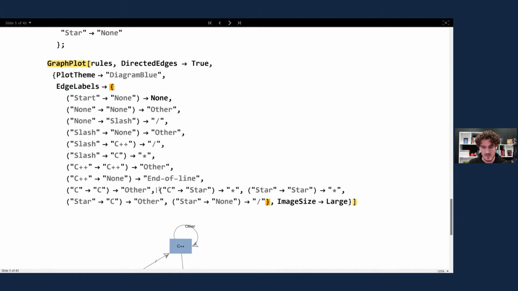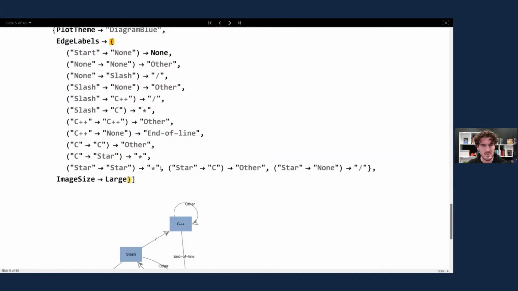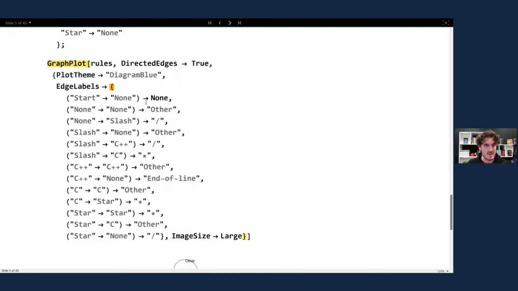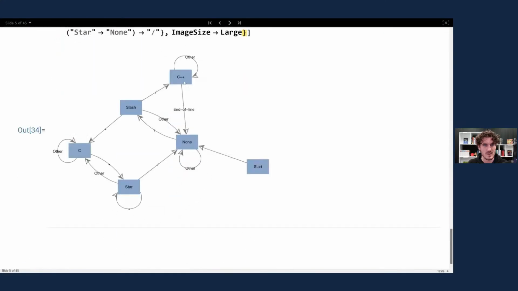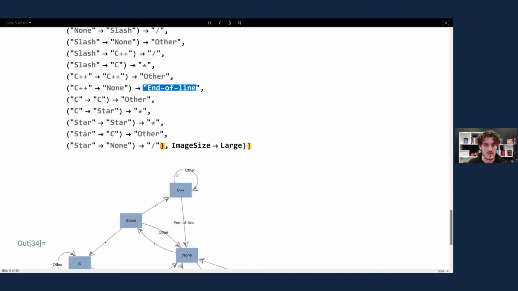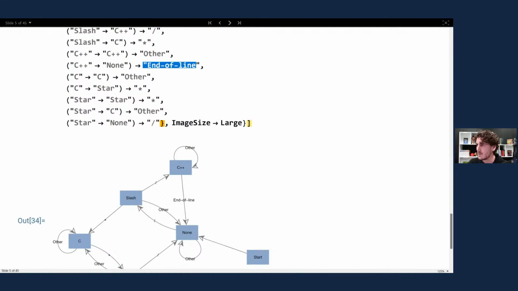This is a really useful property of Wolfram Language, that it does not care about indentation, but if people are looking at your code, then they probably do. So let's take an example here. Between C++ and non, we have the edge label end of line. Between slash and C, we have this edge label that's a star. So there you go, Ricardo.